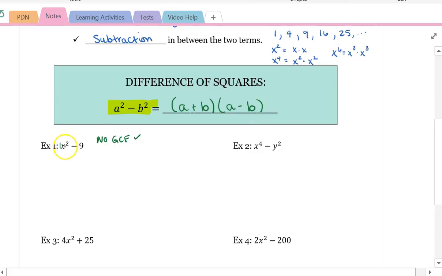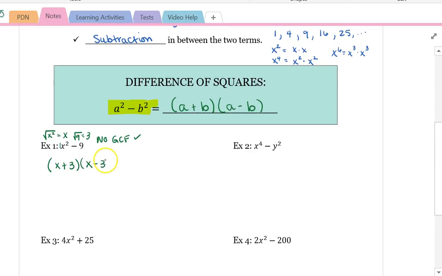If x squared is a squared, I'm really taking the square root of x squared, which is just x. So x is your first value. For the second value, you're taking the square root of 9, which is just 3. So how is this going to factor? x plus 3 times x minus 3. And there's our product of binomials.